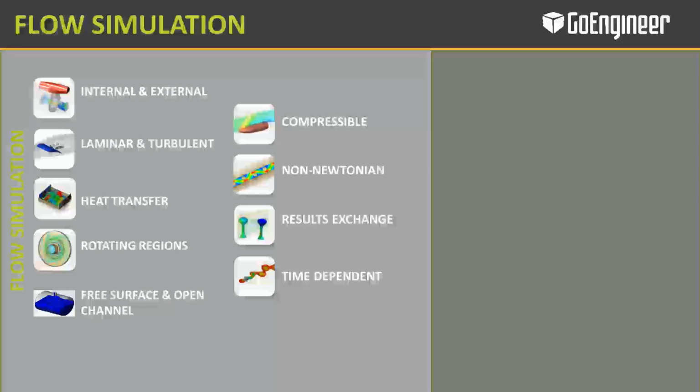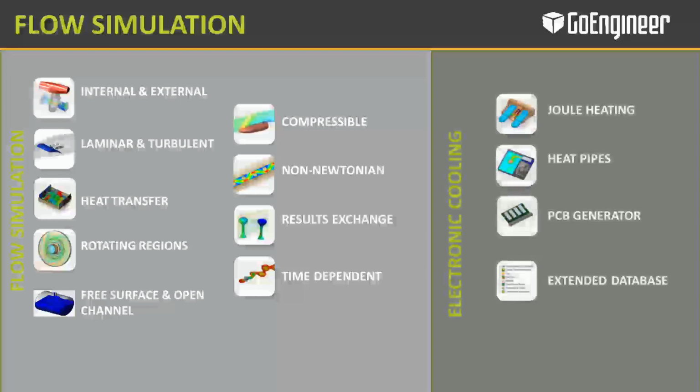We're also going to use some advanced features today, like we're going to use the PCB generator. We're going to use the extended database for some fans. There is an add-on module above Flow Simulation called Electronics Cooling, which can be used as well.